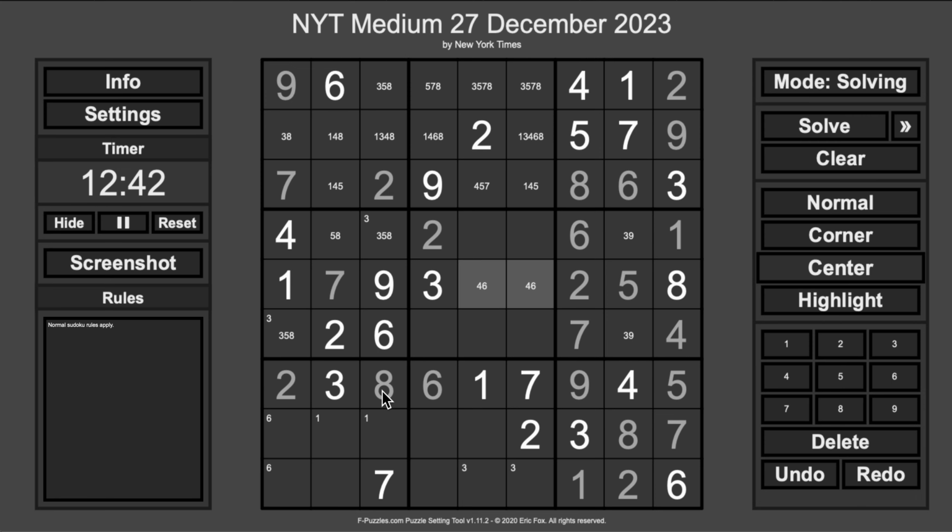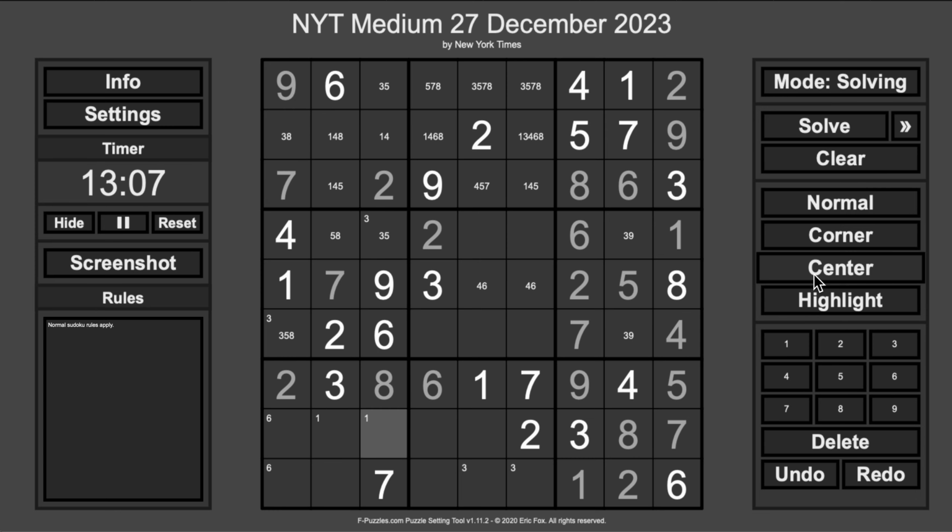Let's see, that's 8. In row 7 is going to come up here. This is not 8. That's not 8. And that's not 8. Okay, 3, 5 pair in column 3, so this is not 3, this is 1 or 4.